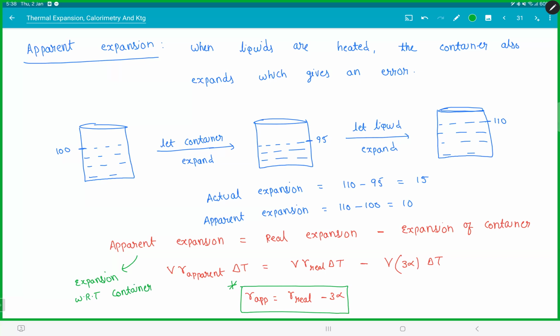There. So whenever you put something in a container and if you expand, this is what you see. You can even get negative also. Let's say container is expanding more than the liquid, right? Then you will observe actually the water level drops or the liquid level drops. There, have a look at this.